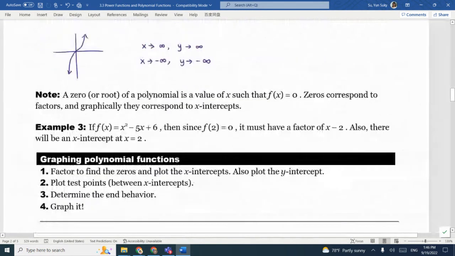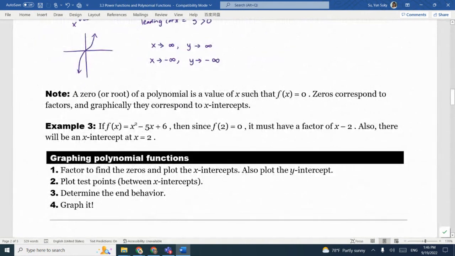Note: a zero or root of a polynomial is a value of x such that f of x equals 0. So zeros correspond to factors, and graphically they correspond to the x-intercepts.